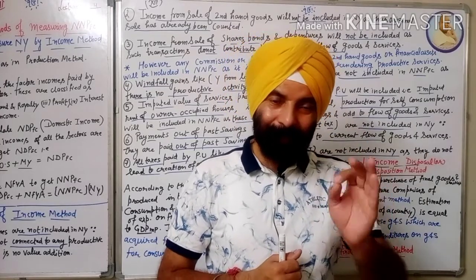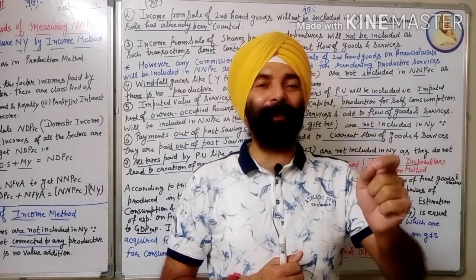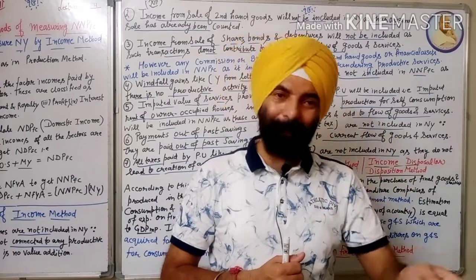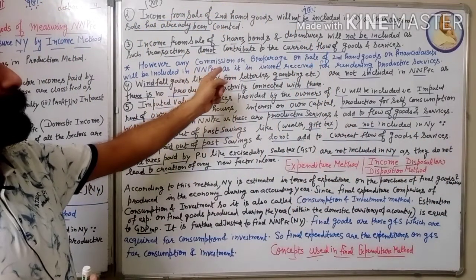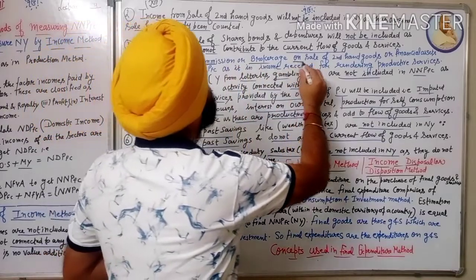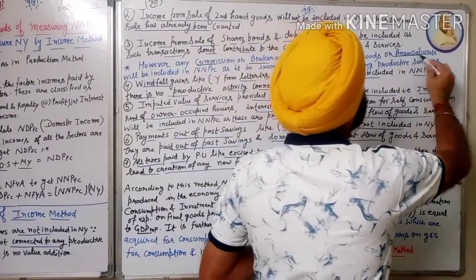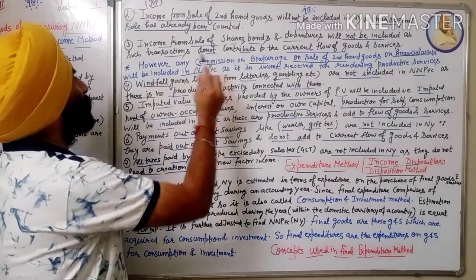So the income of the broker or the commission agent will be included in the national income. Let's read it. However, any commission or brokerage on the sale of second hand goods or the financial asset, means share, debenture, bonds, etc., will be included in the national income.